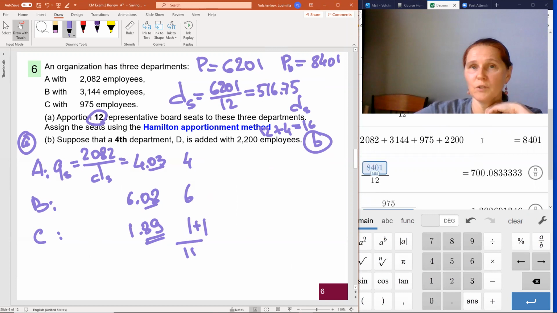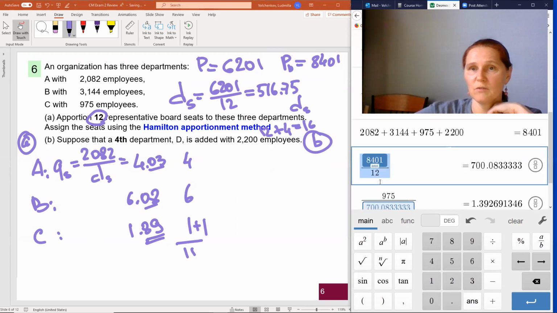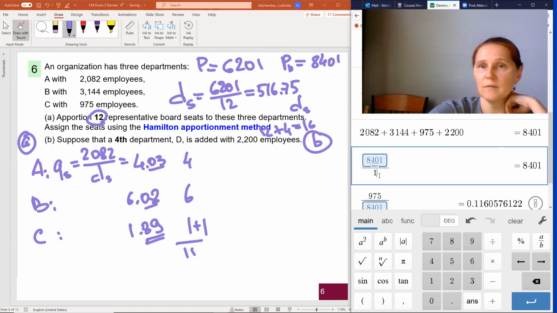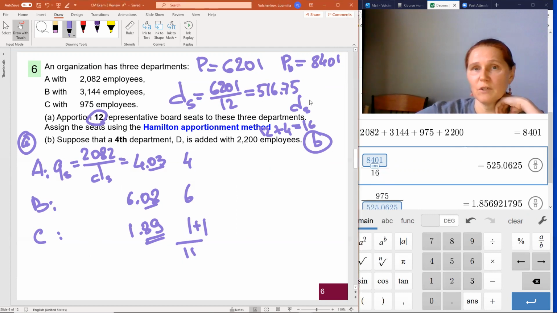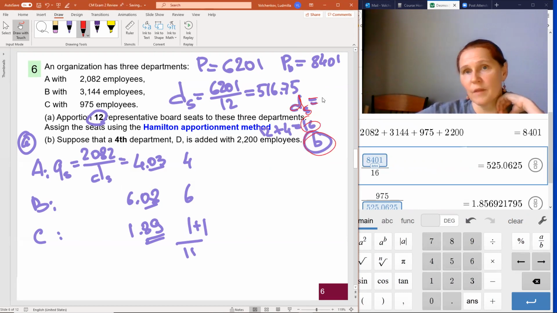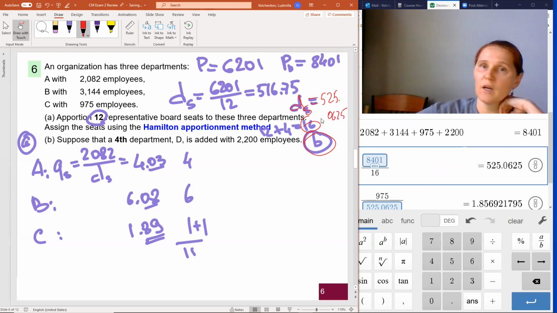And now the total population we divide by 16 to get the standard divisor. The standard divisor for the second apportionment, for B, will be 525.625.